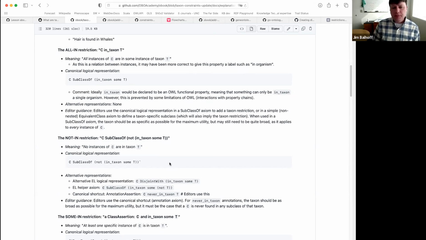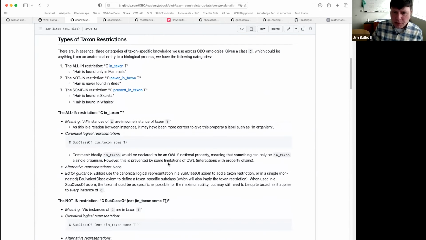I think it has to be sort of application driven. You kind of have to set things up. It may not be that easy to do just looking at your ontology in Protege. Let's say you had, okay, hair is only in mammals, and you had something else, like lungs are not only in mammals, but lungs are found in whales.